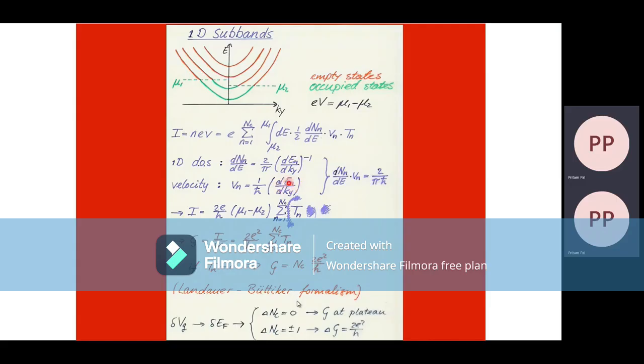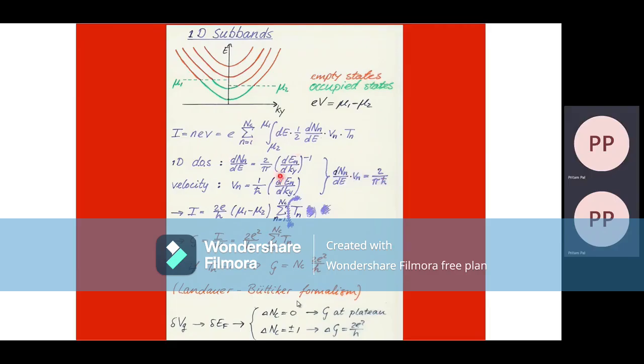While the density of states in one dimension is given by this quantity, and the two quantities are inverses of each other. So for a one-dimensional system only, when you multiply the density by the velocity, you actually get a constant. That is the origin of the conductance quantization, right?